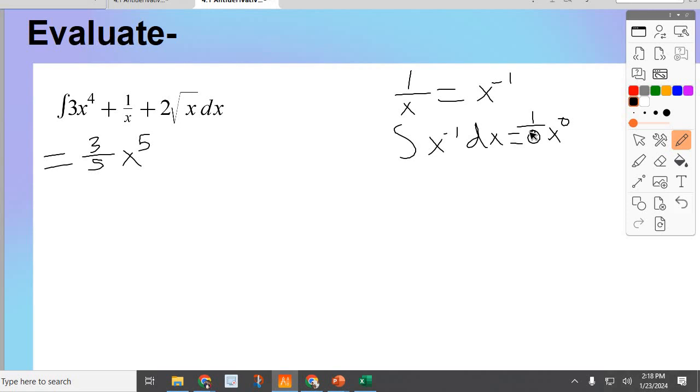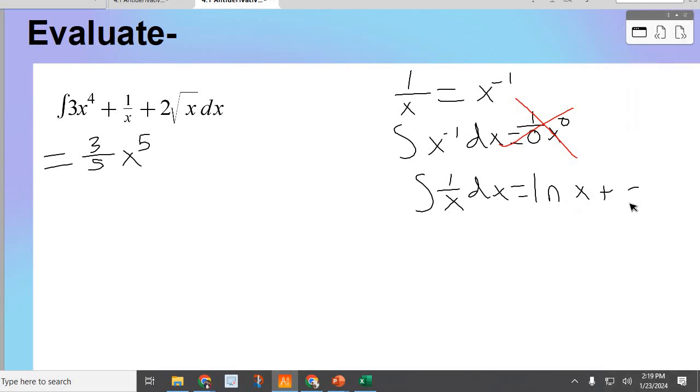Can I do that? No, it's a big no-no. So I cannot use my power rule here. Well, let's see. Do we know the function that when I take the derivative of it, I get 1 over x? Yeah, natural log of x. So, the integral of 1 over x is going to be the natural log of x with a little exception.